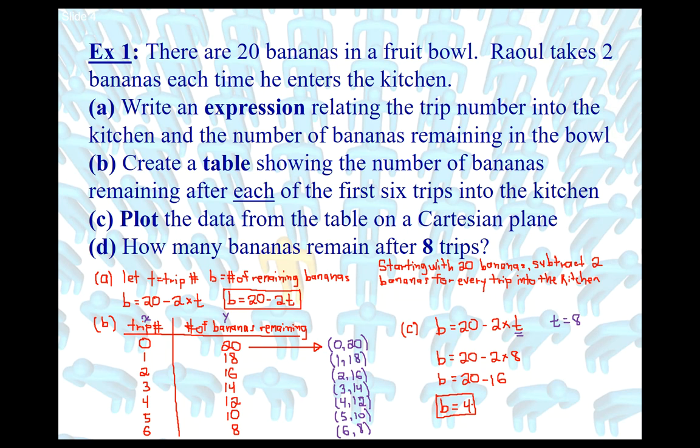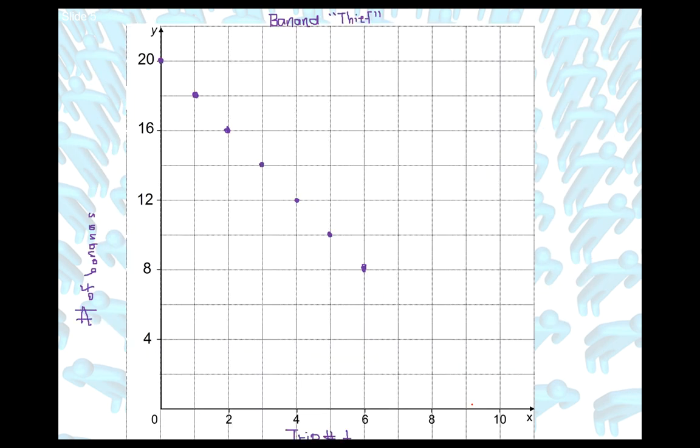Now, there is another way you could do it as well. I mentioned you could extend the table of values. You could also just use the equation to calculate the number of bananas. You could also use the graph. Part of the reason that we want to plot linear relationships is that we can extrapolate the data. Extrapolating the data means we can use it to make future predictions.